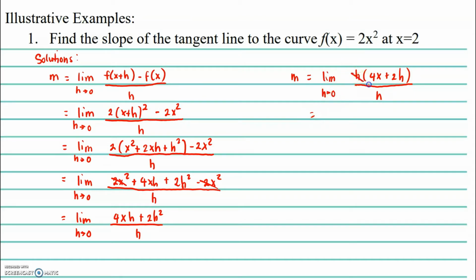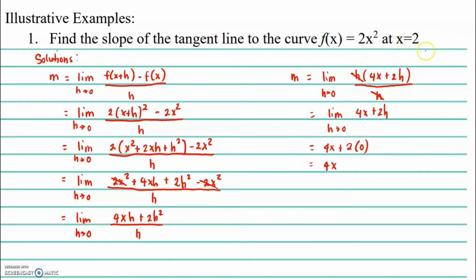Now we can divide out h. So you have here the limit of 4x plus 2h as h approaches 0. Alright, solving for the limit, we have here 4x plus 2 times 0. So we have 4x.